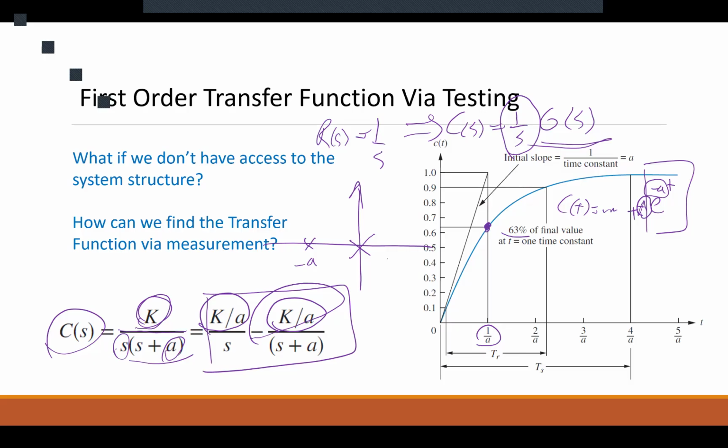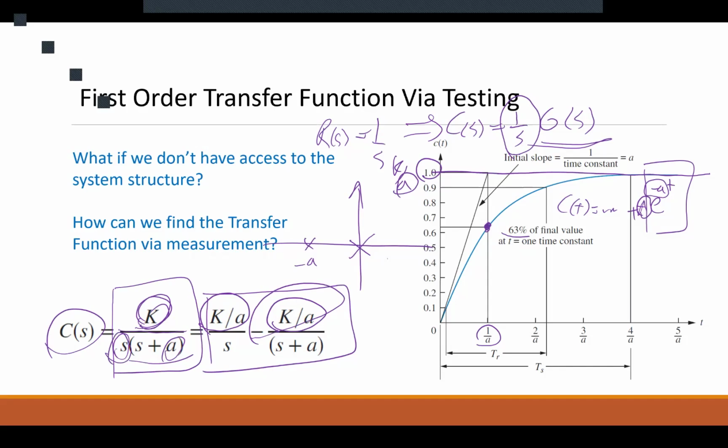Are we good? My steady state is the final value. So whatever final value I have is going to be K over a. I have the a, so I can find the K. Are we good so far? Now that I have the K, this is going to be my C(s).